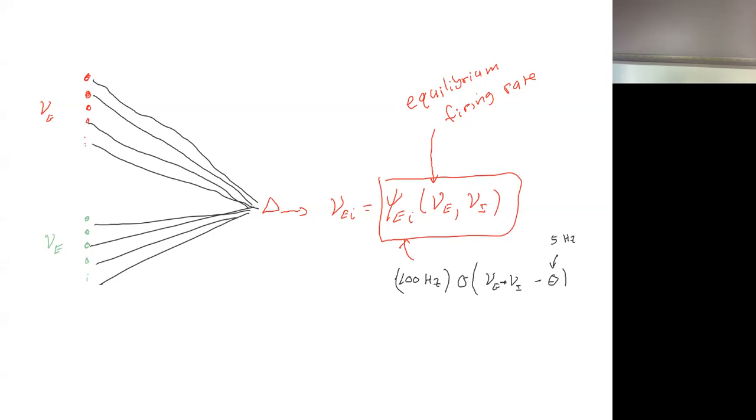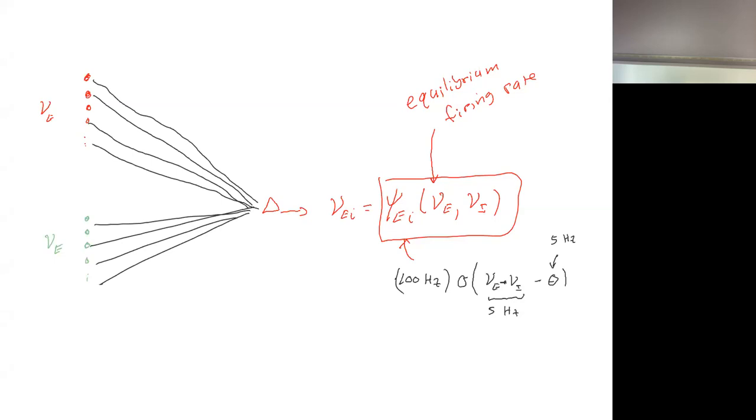Maybe. So when this difference is 5 hertz, this may be an exaggeration, sigmoid of 0 is 1/2. The neurons would be firing at 50 hertz. So excitatory neurons are firing 5 hertz faster than inhibitory neurons. This neuron's firing like mad.